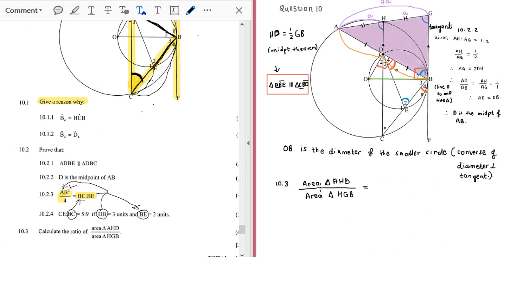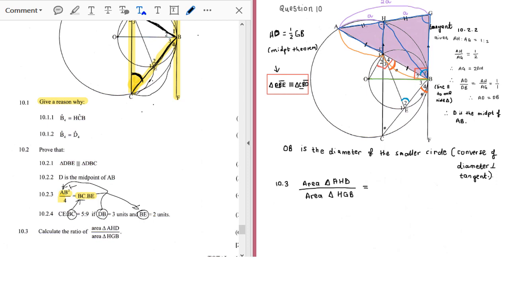If we identify these two triangles, I'm going to do it in a blue color. AHD is this triangle over here, and then HGB is going to be this triangle over here. Right, so those two different triangles.